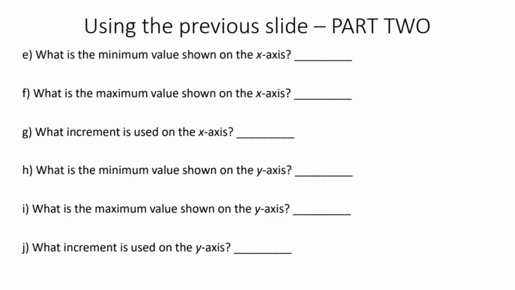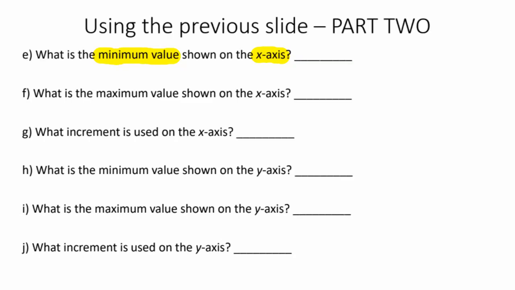So here it's saying, what is the minimum value on our x-axis? Well, remember we saw 7,200, but if I make it 0, which is good because I'm not going to have to make a break on my x-axis.